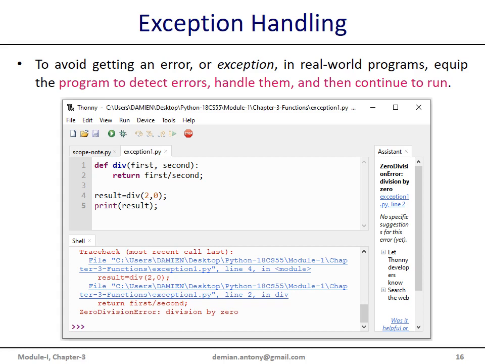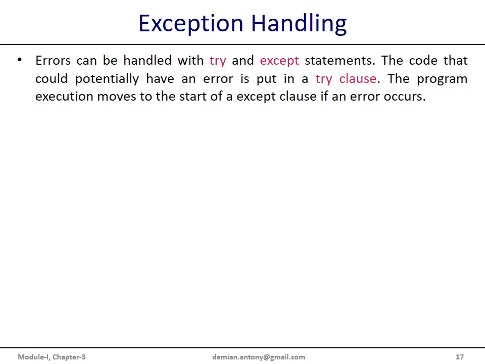How to handle this runtime error? We have a mechanism in Python to safeguard the code against such runtime errors. Let us have a look. In Python, runtime errors are handled with the elements, namely try and except statements.